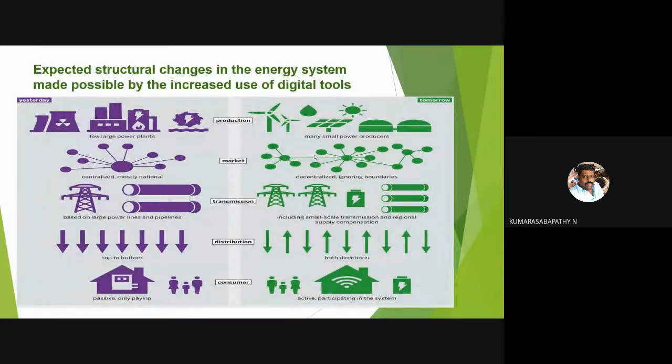In the diagram, what is given in blue is the present or older conventional one. In future, the entire power system will be like this on the right side. In production, previously we were depending upon thermal plants and other types of generation, whereas nowadays we are going for more generation from renewable energy sources.